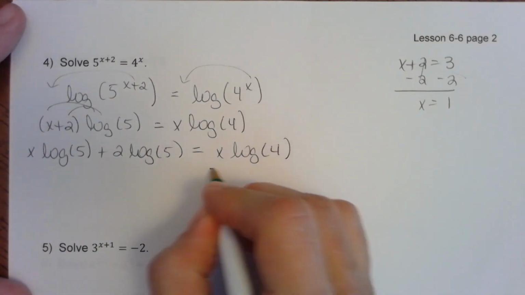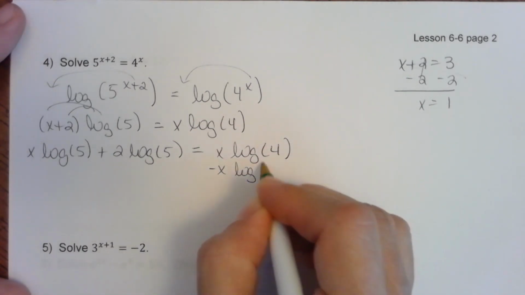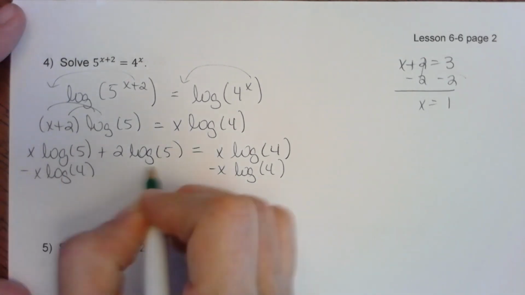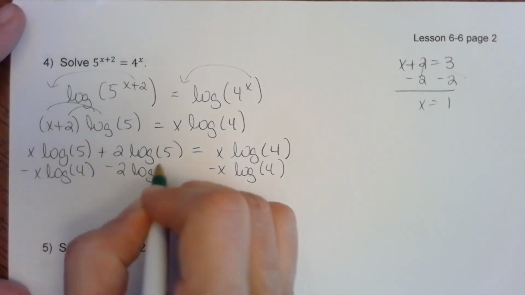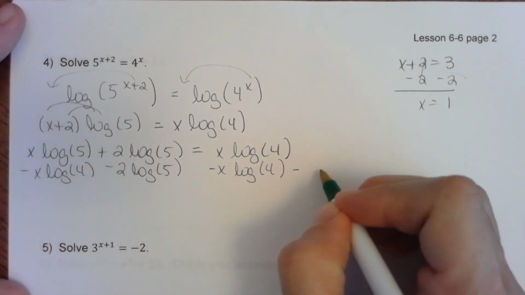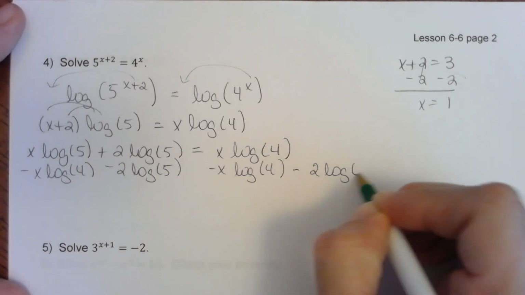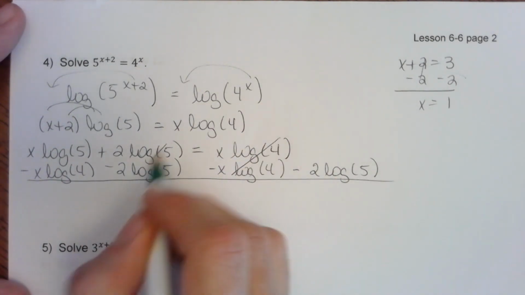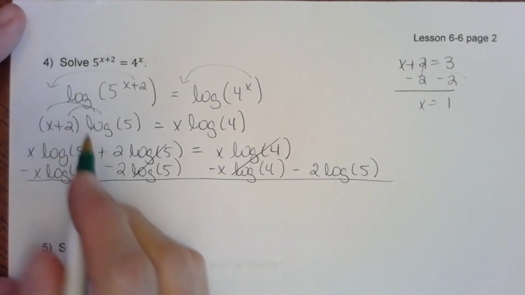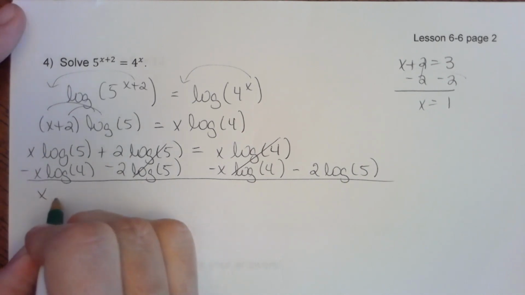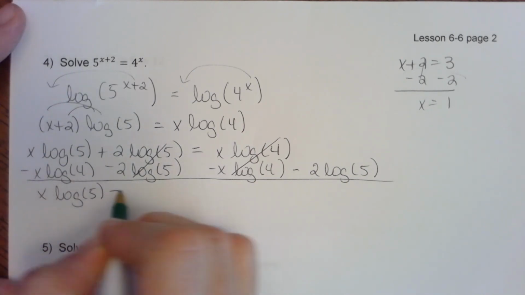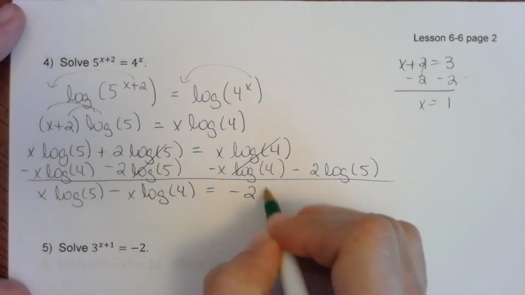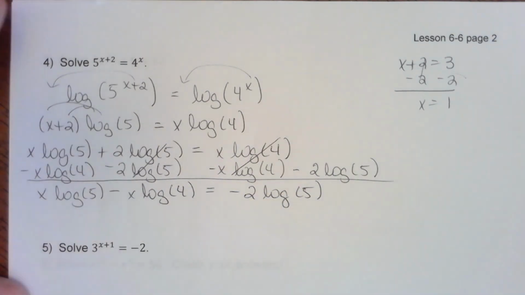So what I'm going to do is subtract this x log of 4 from both sides, and then subtract this 2 log of 5 from both sides because it doesn't have an x. When we do that, this is 0, this is 0. These are not alike, so we just write them as they are. x log of 5 minus x log of 4 equals negative 2 log of 5.